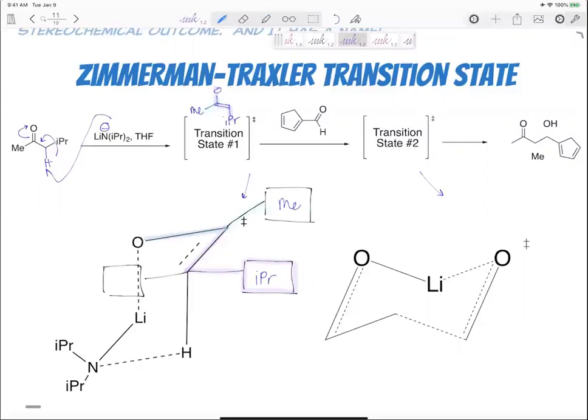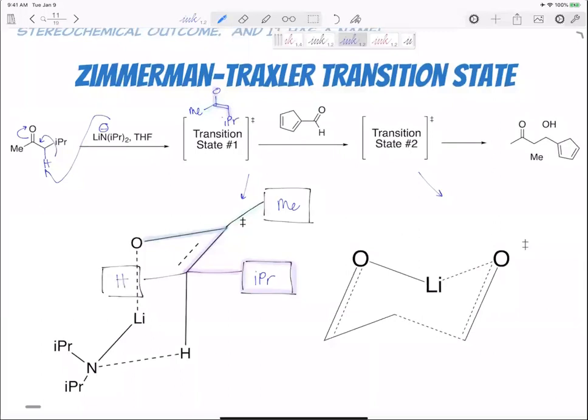Okay, I'll use a darker marker for the next one. All right, so what do you think this last box is going to be? Hydrogen, very good.